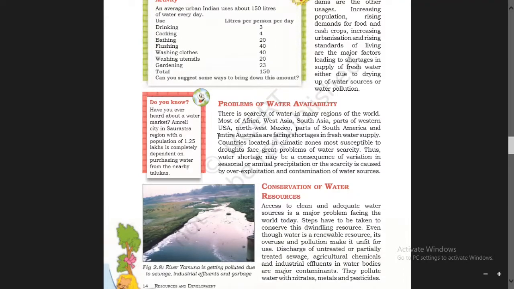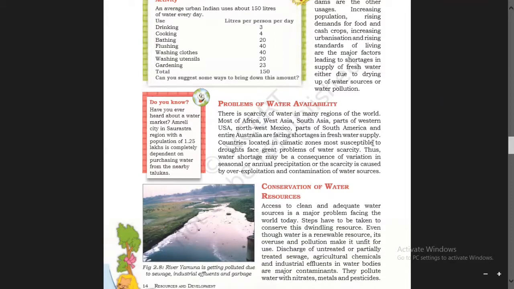Even though this state has the highest rainfall in the world, it also faces scarcity of water. They too have to purchase water. Countries located in climatic zones most susceptible.